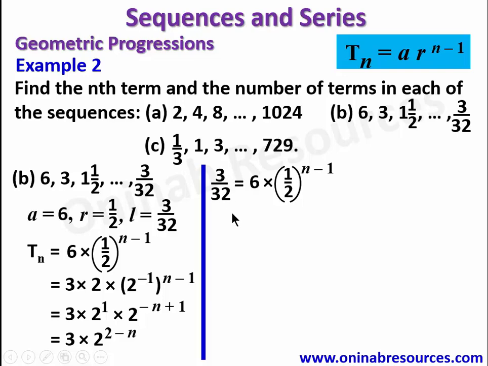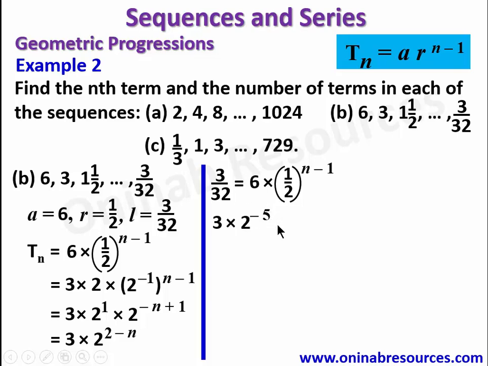This 3 over 32, I can have it as 3 times 1 over 32, and expressing 1 over 32 in index form of 2, we'll have it as 2 raised to power negative 5.